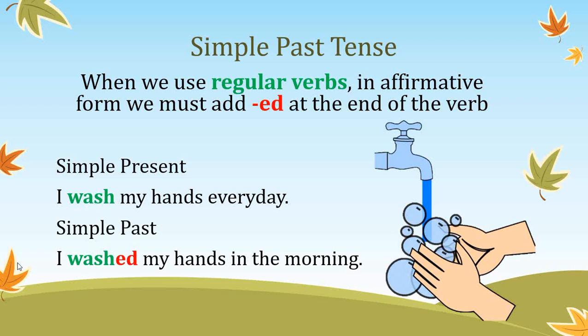But in simple past, in affirmative form, it would be, I washed my hands in the morning. The verb changes with the termination ed. I washed my hands in the morning.